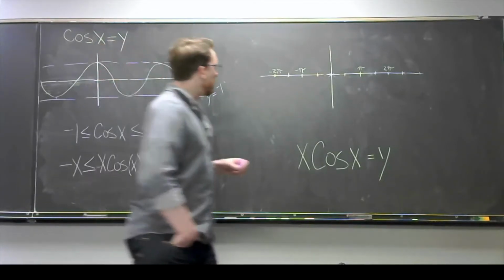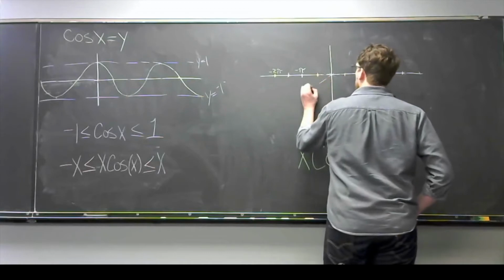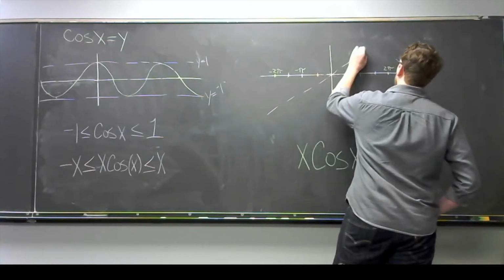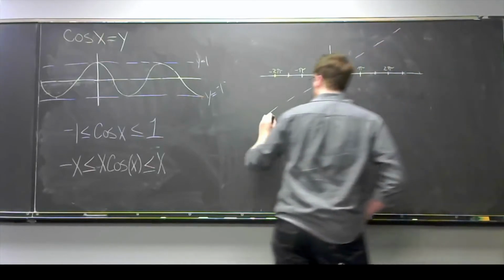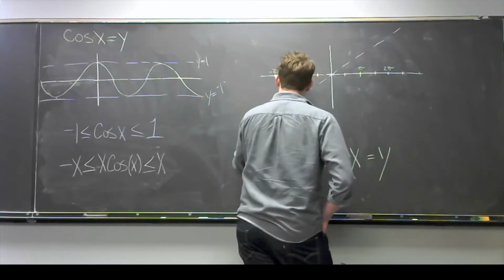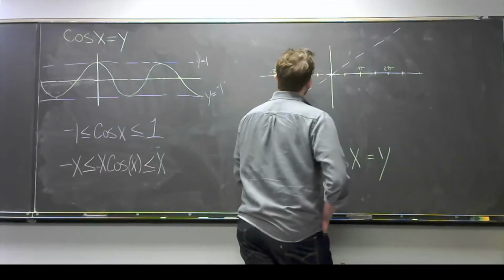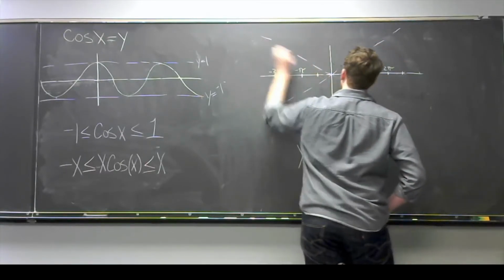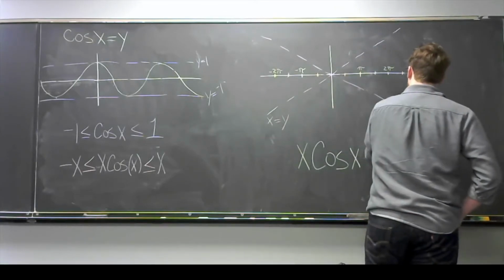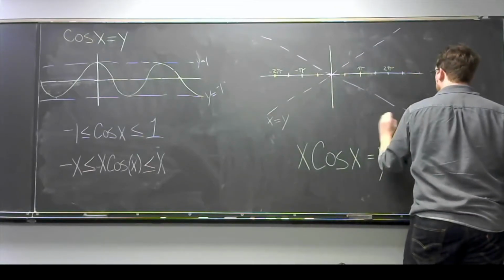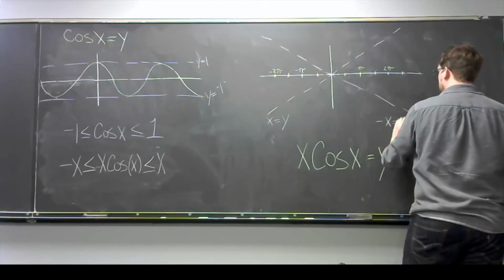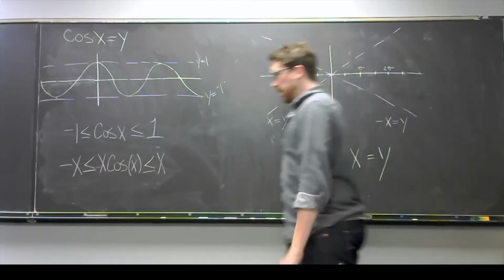Seems fair enough, right? So this is the line y equal to x. And this is the line y equal to negative x. Okay.